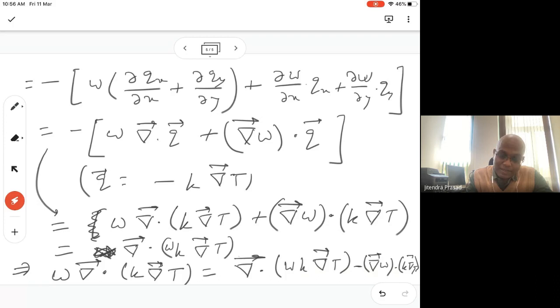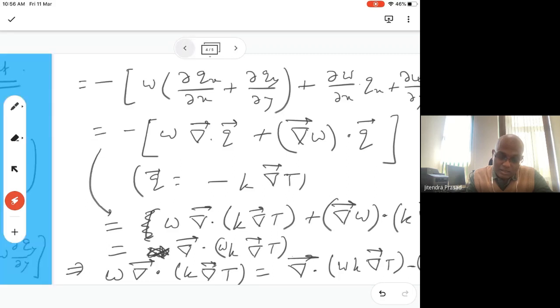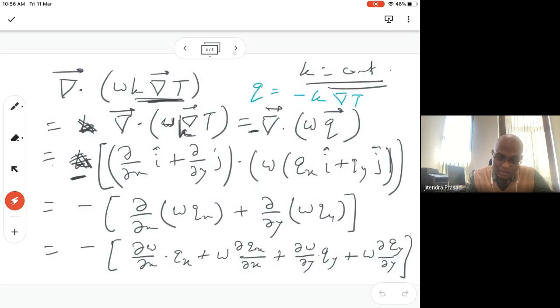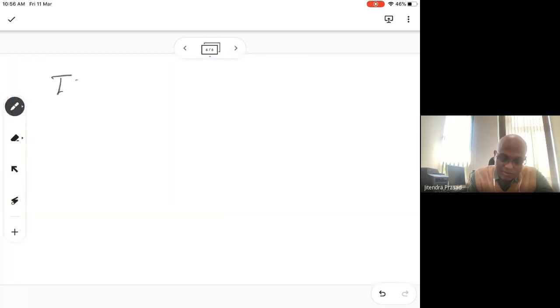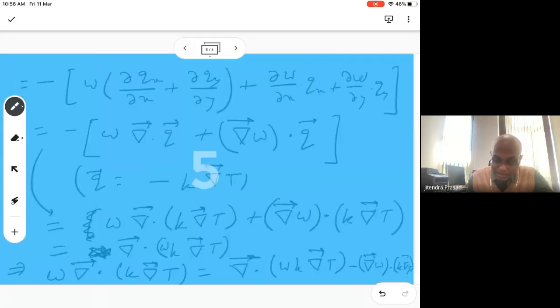So we have I is equal to the integral over omega, and then we have this.